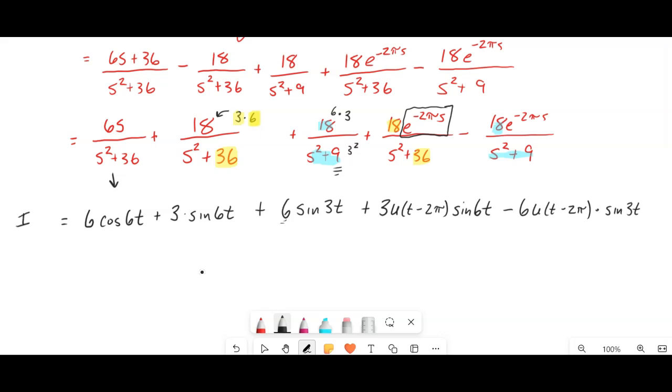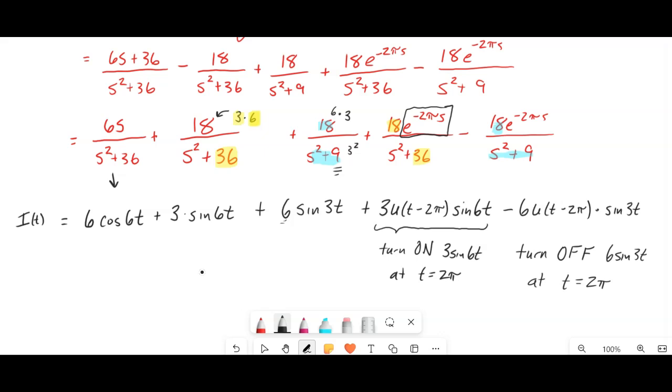This is y. All right, now look at what's happening. We got 6 cosine 6t, 3 sine 6t, 6 sine 3t. What's happening here? It's turning on. The 3 sine 6t is turned on at t equals 2 pi. We're turning off 6 sine 3t at t equals 2 pi. So this part right here is being turned off, so that part's going away.